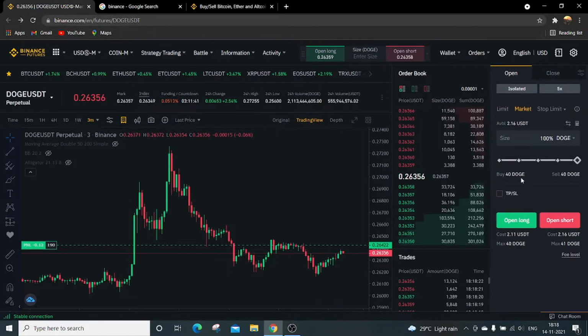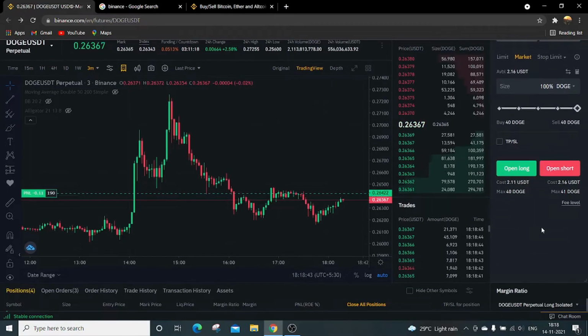It is showing 40 and the amount will be 2.11 USDT. So when I click on this open long button, the long position will get executed at the market price. When I click on the short button, the short position, the sell position, will get executed at this price, 2.11 USDT, and the 40 Doge order will be executed.